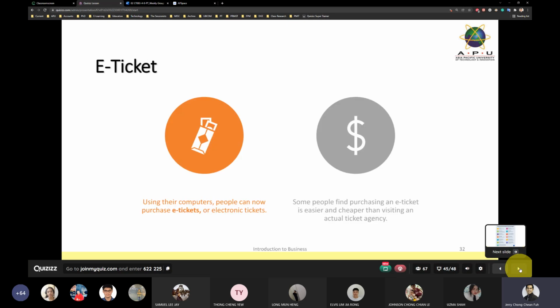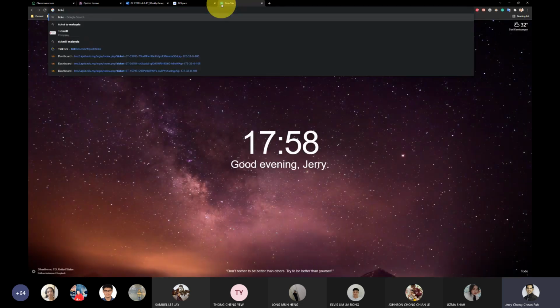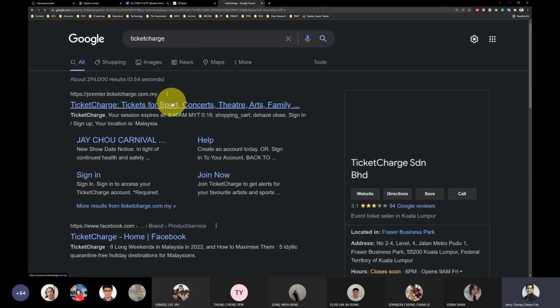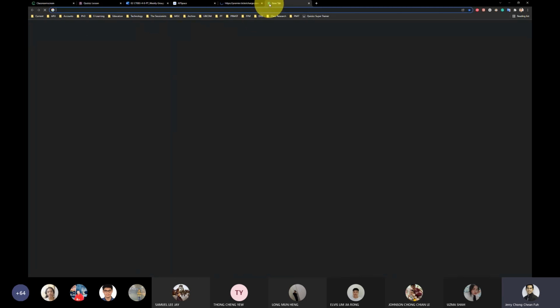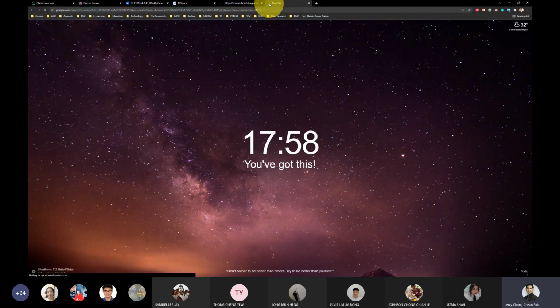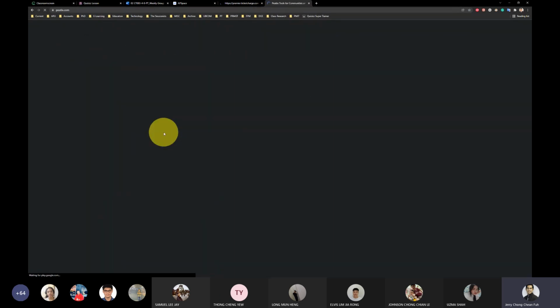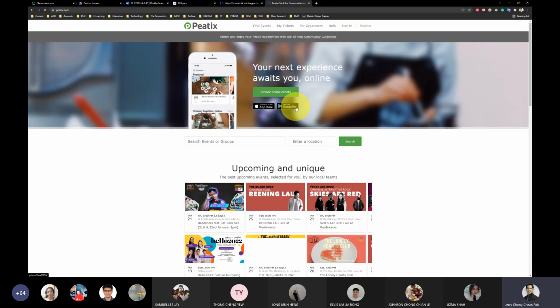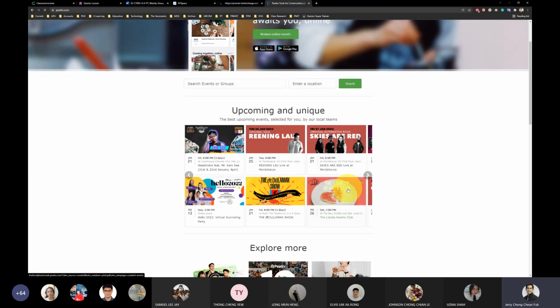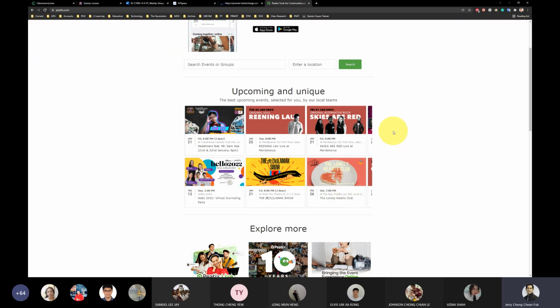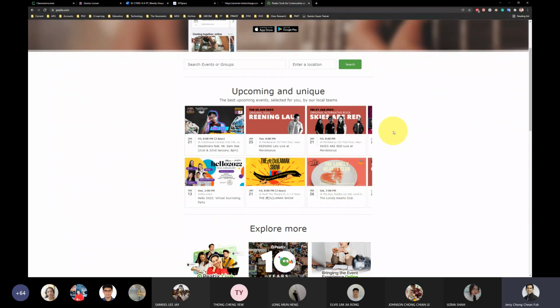So e-ticketing as well. On top of just looking at e-ticketing platforms like this, in Malaysia, Ticketcharge is quite popular. On top of that, you will notice platforms as such provide not just paid events like concerts and so on, but also what I would like to call, what is the word again, indie events, right?